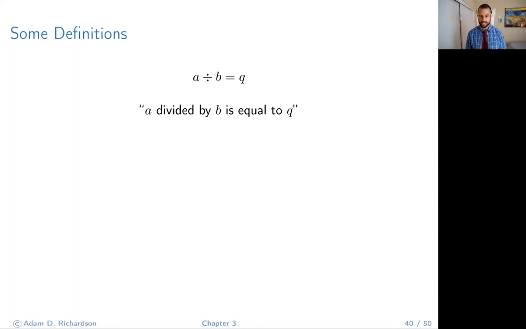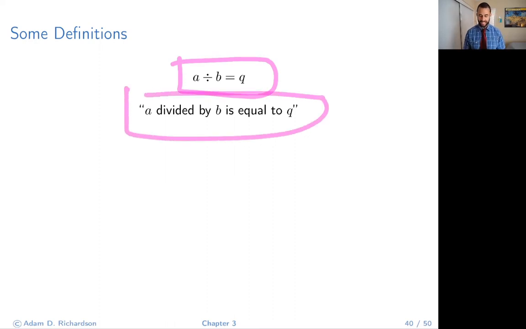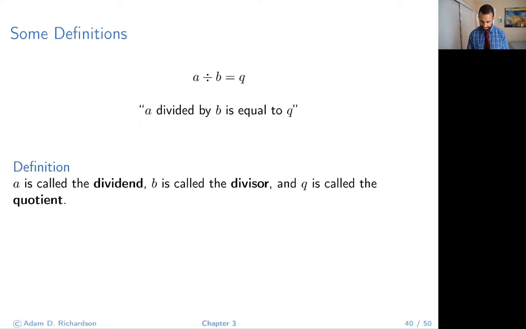All right, so some definitions. If you see this mathematical sentence, it is pronounced like this: A divided by B is equal to Q. That is how you would say that out loud in English if you saw this set of symbols. Some definitions. This number here, A, is called the dividend. B is called the divisor.